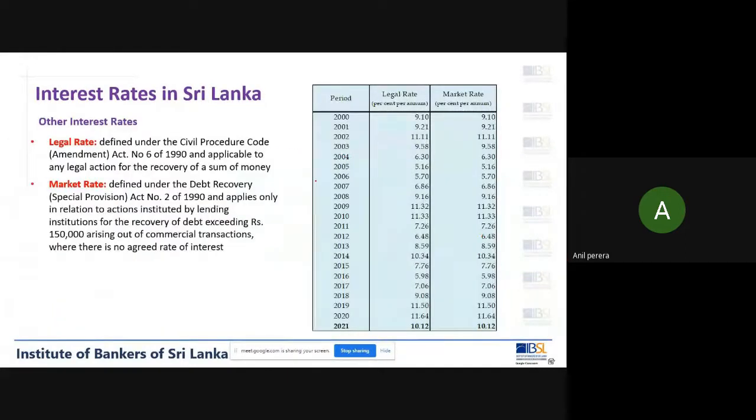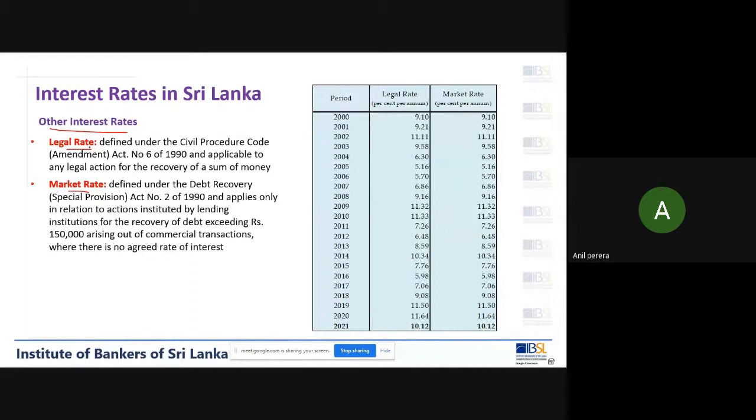Then there are some other interest rates in the economy which are published by the central bank. I'm referring to them as other interest rates. One is the legal rate, the other one is the market rate. Both these rates are actually applicable for court cases.